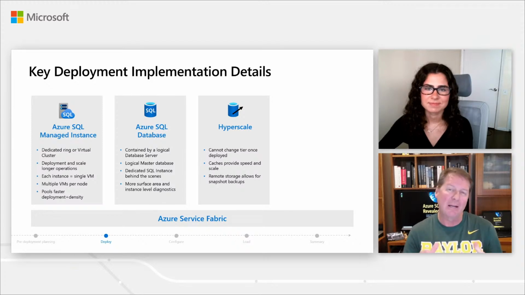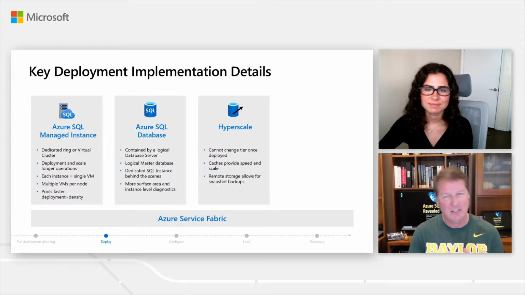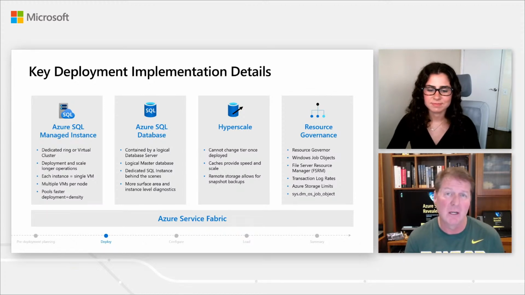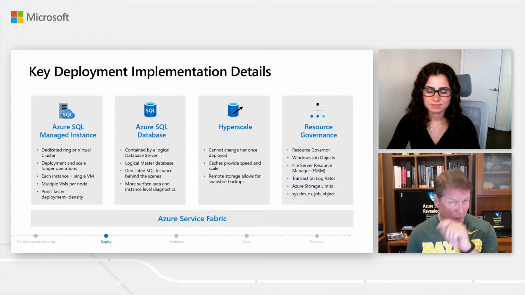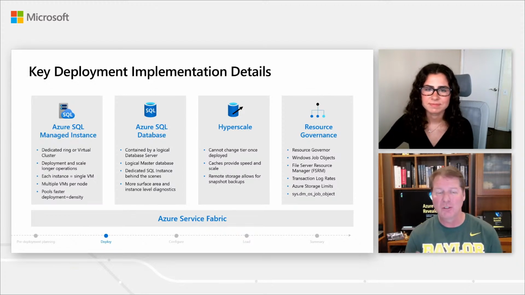Now, Anna, you may not be aware of this, but behind the scenes, we're doing some resource governance in both managed instances and Azure SQL Database to give this predictable performance. We introduced this feature several releases of SQL Server ago called Resource Governor. We're going to take advantage of that in Azure SQL behind the scenes in the engine, but we're going to add some functionality to Resource Governor that you don't see in SQL Server to do things like enforcing transaction log rates.